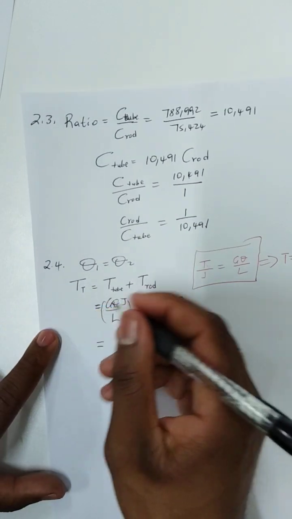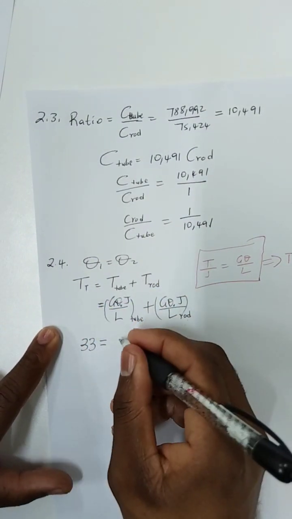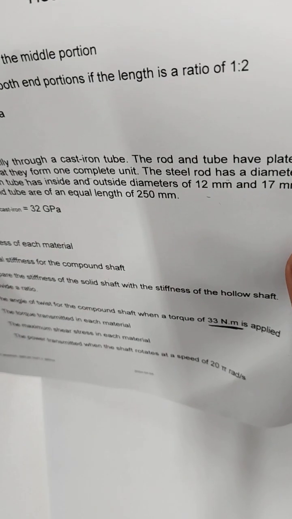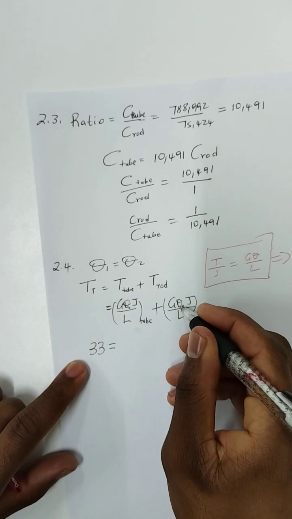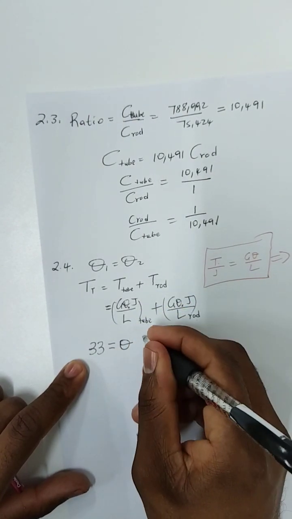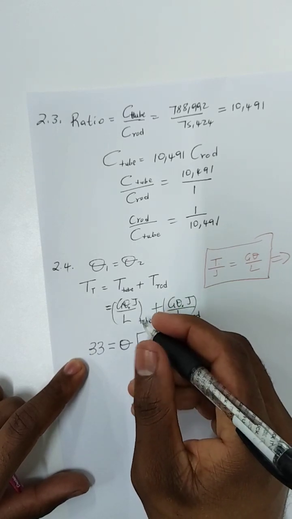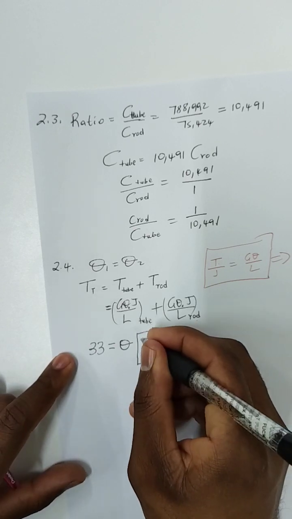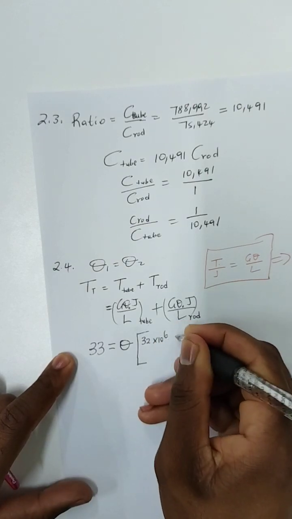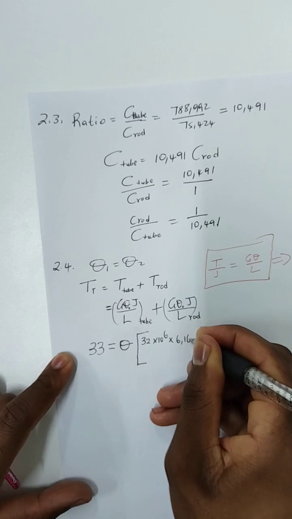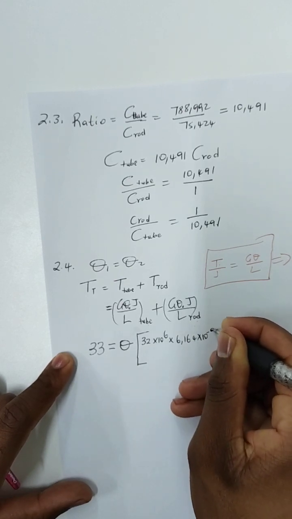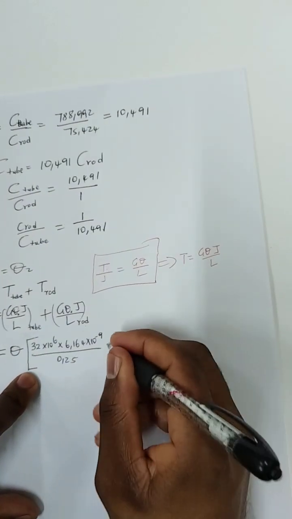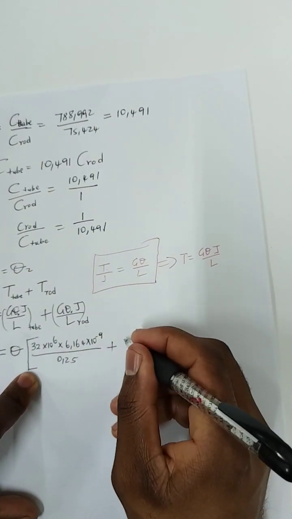Then remember, total torque is 33, it's given, and it's in Nm, not kNm. This will equal, taking theta out as the common factor since it's the same, G for the tube, which is 32, then J, then for the rod.